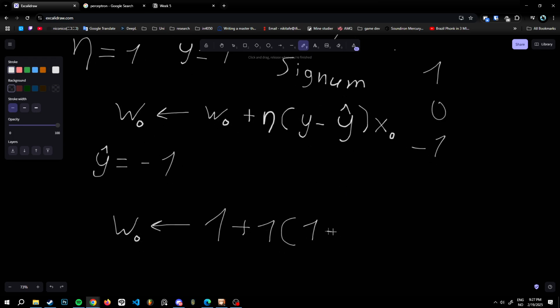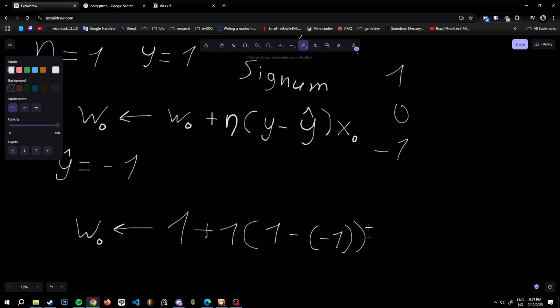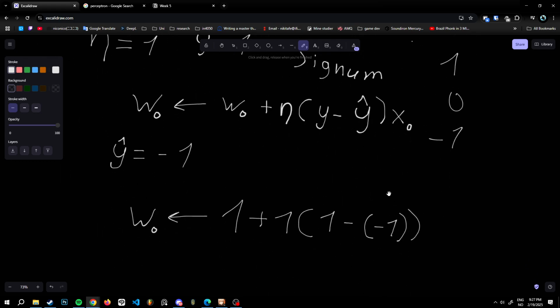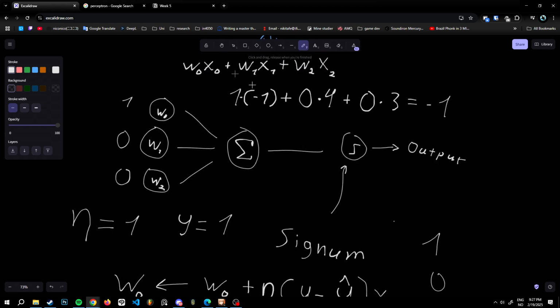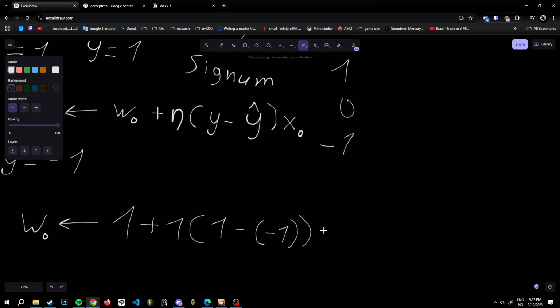Then we minus it with -1, which is what our perceptron gave us. Then we times that with x0, which is the bias, because the first thing is the bias, and that is going to be -1 as well.